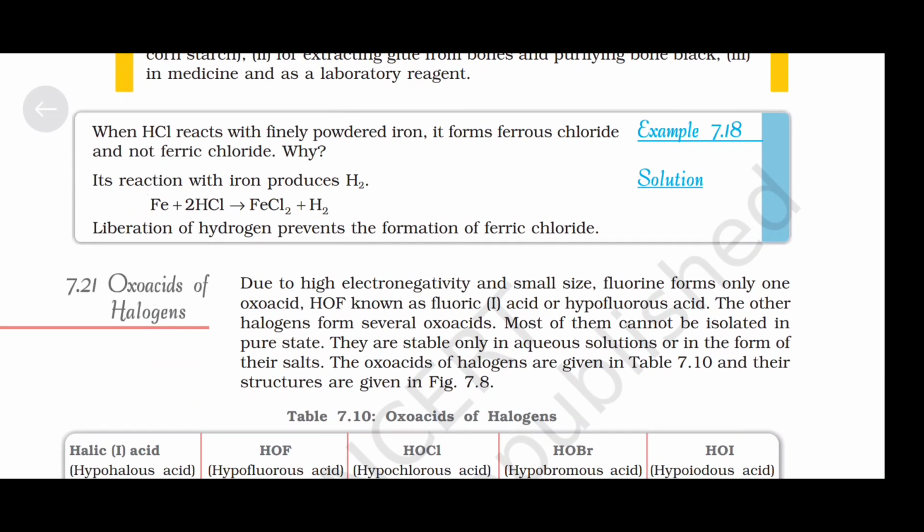When HCl reacts with finely powdered iron, it forms ferrous chloride and not ferric chloride. Why? Its reaction with iron produces H2. Fe plus 2HCl gives FeCl2 and H2. Liberation of hydrogen prevents the formation of ferric chloride.